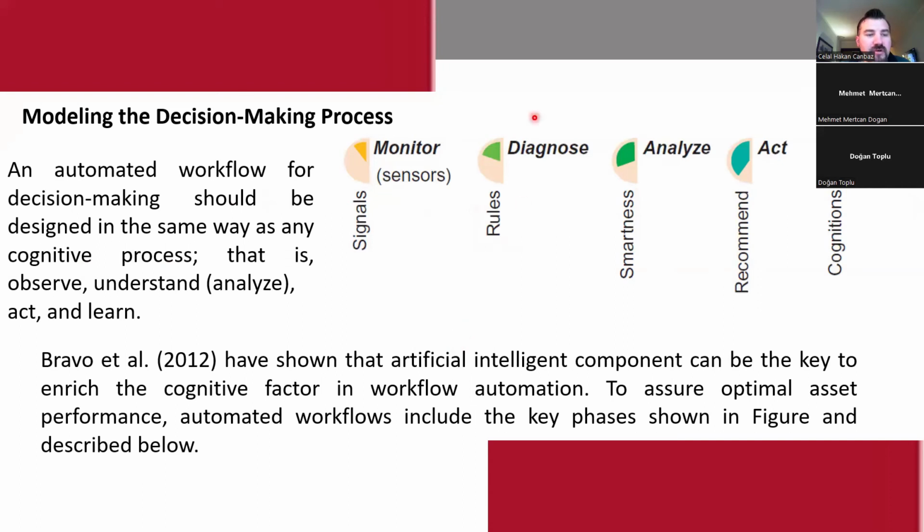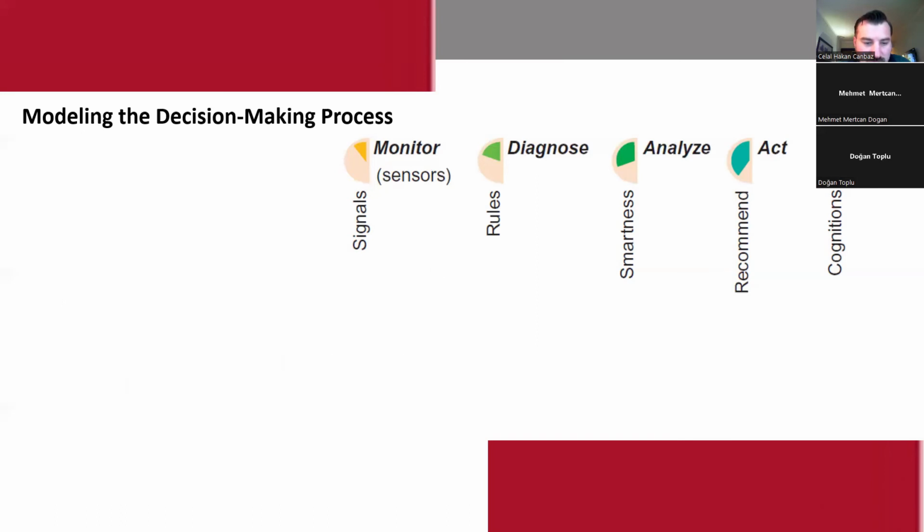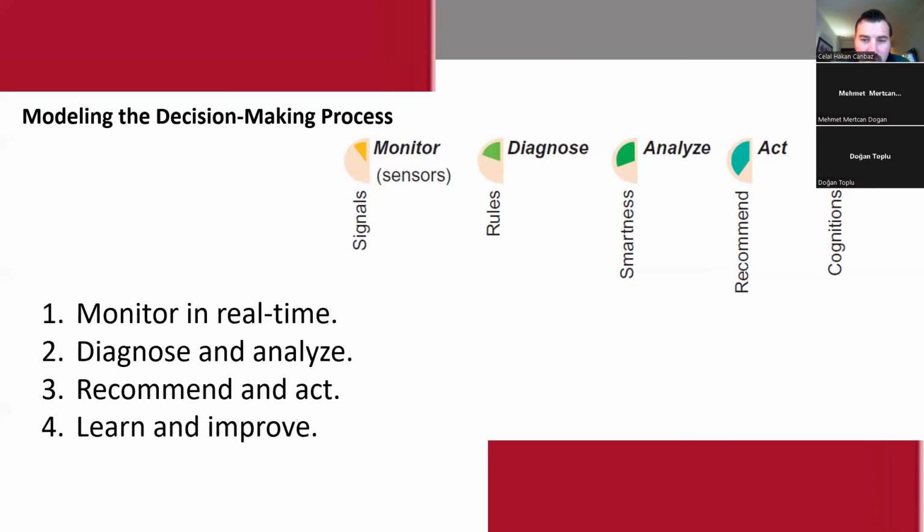So in 2012, Bravo et al. published a paper, and they showed that the artificial intelligence component can be the key to enrich the cognitive factor in workflow automation. This is actually taken from their paper, all right? To assure optimal asset performance, automated workflows include the phases shown in the figure and described already.